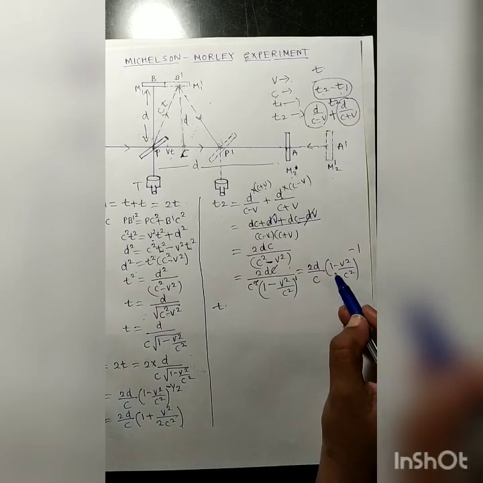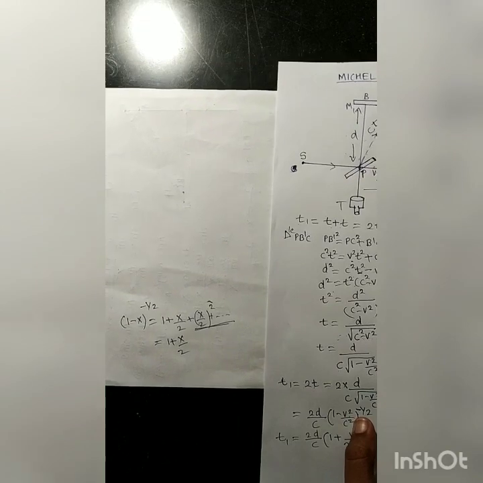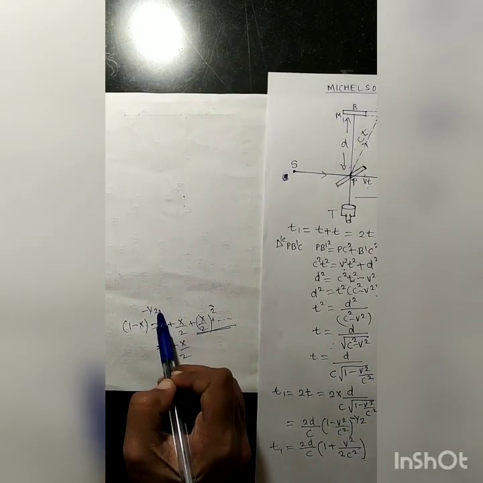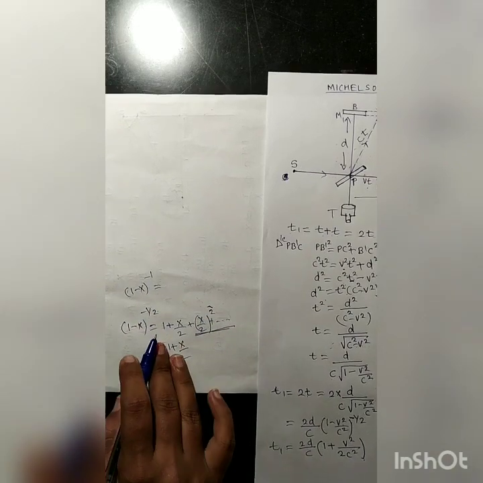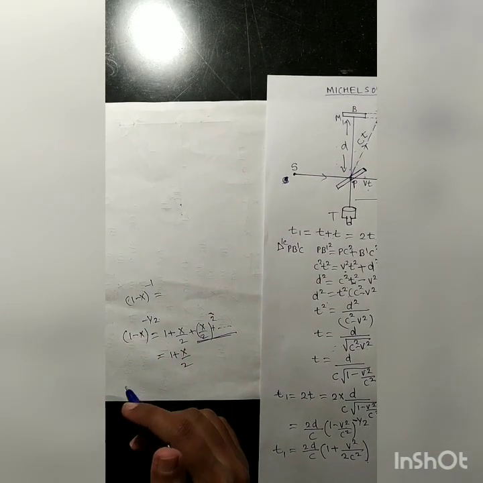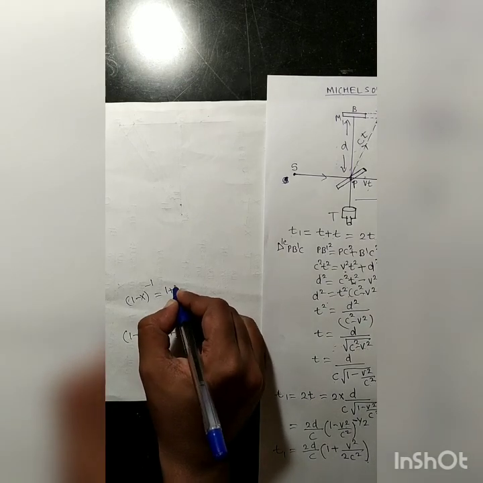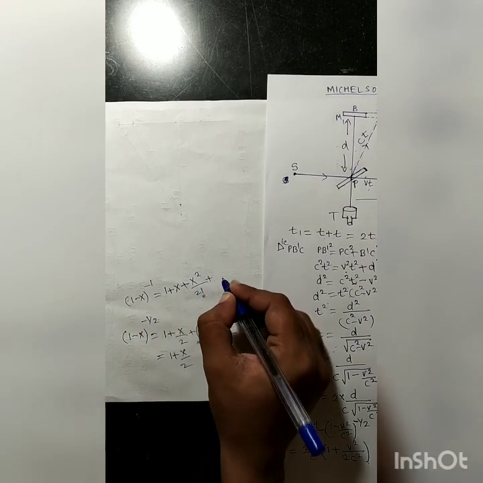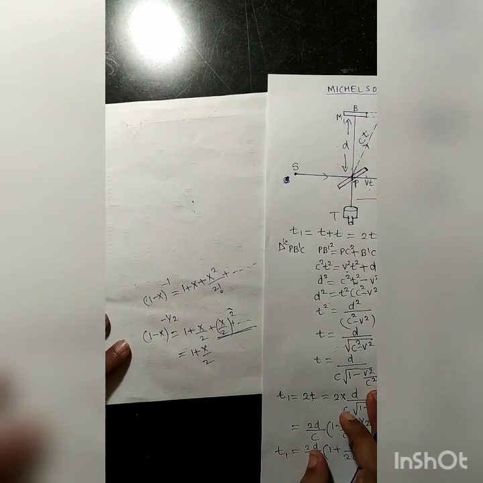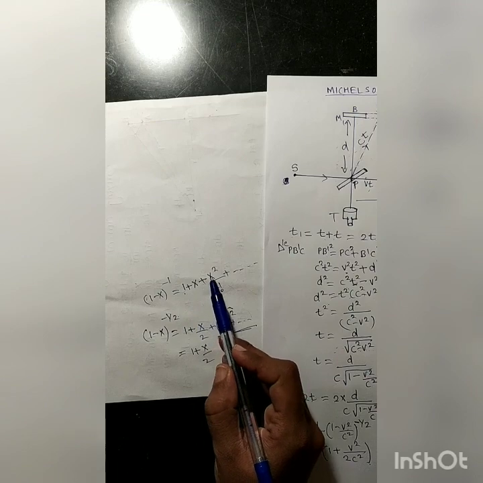Now as it is in the form of 1 minus x raised to minus 1, as I already told about 1 minus x raised to minus 1 by 2, like that 1 minus x raised to minus 1 gives the value 1 plus x plus x square by 2 factorial plus so on.